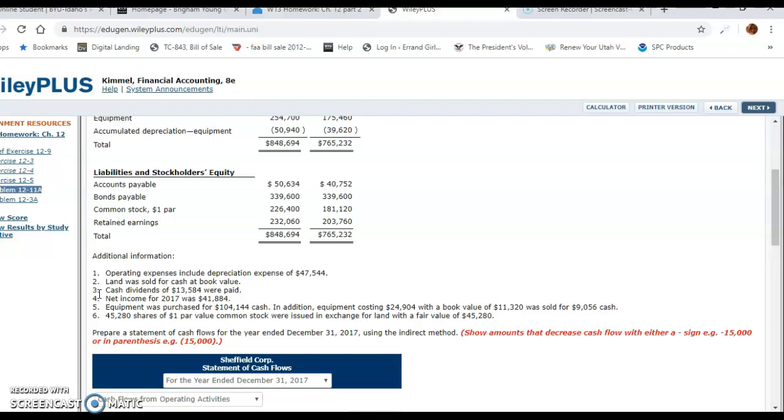So if we're paying them, do you think that would be an operational, an investing? Okay, I'm still here. I'm just looking at the book. Or a financing. So cash outflows to stockholders as dividends, but we are paying them, so maybe it could be financing. So I'm going to skip that one for now.